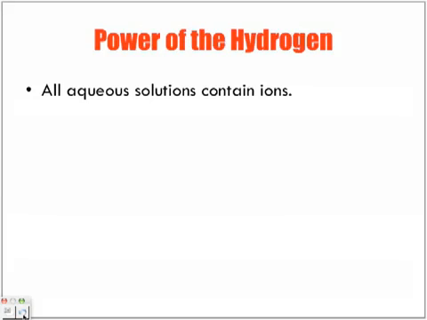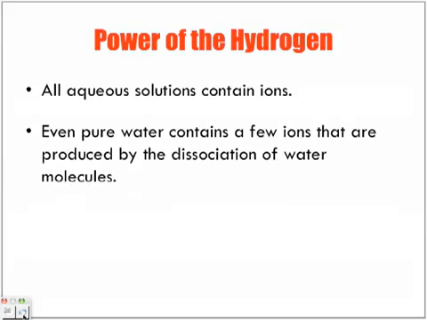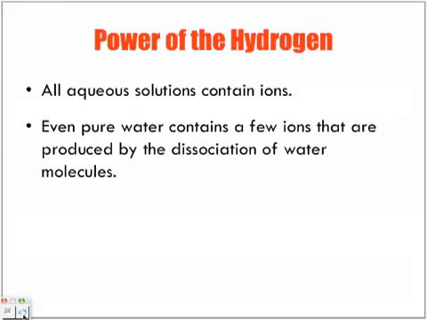All aqueous solutions contain ions. Even pure water contains a few ions that are produced by the dissociation of water molecules. So water itself can actually dissociate, a really tiny amount, right? Remember, we talked about last class, one property of acids and bases is that they conduct electricity.